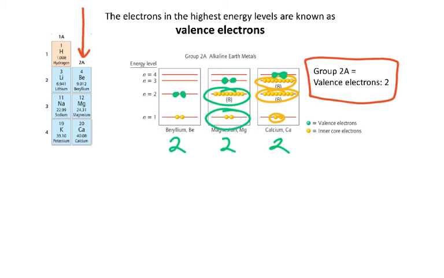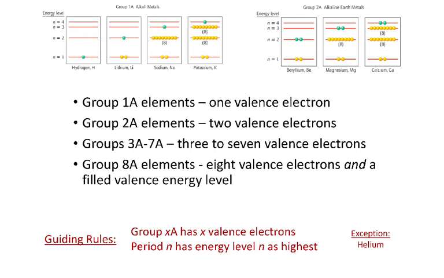And the pattern continues. So we see that group 1A elements have 1 valence electron, group 2A elements have 2, group 3A has 3, and so on, up until group 8A has 8 valence electrons, a filled valence energy level.